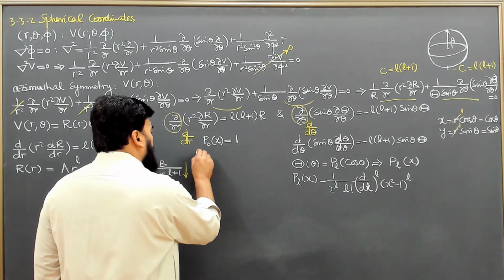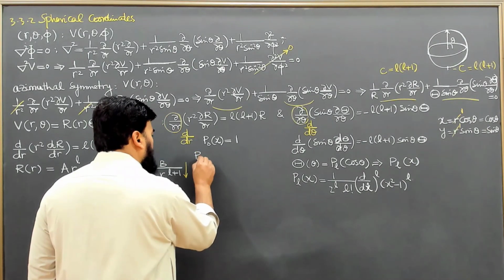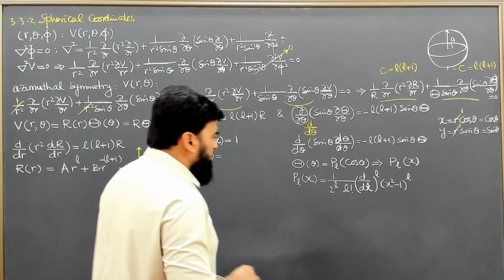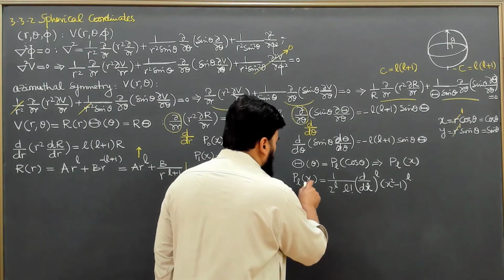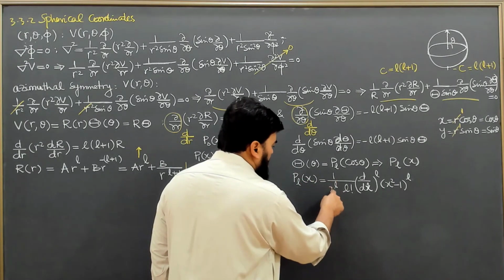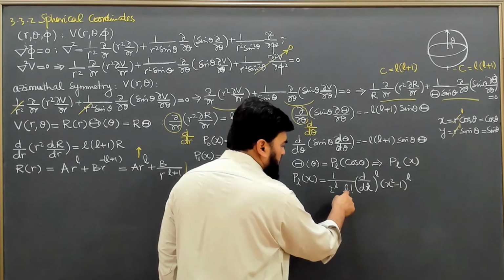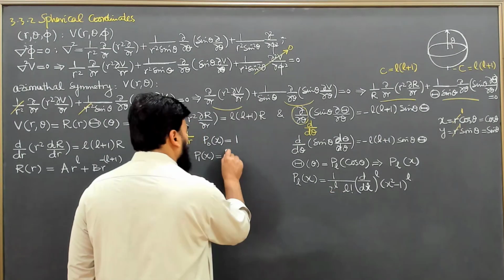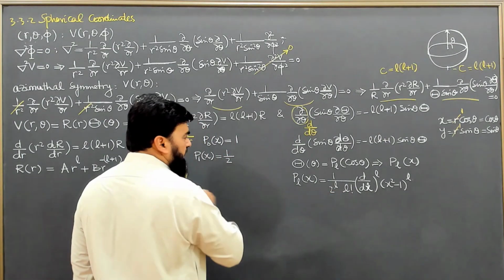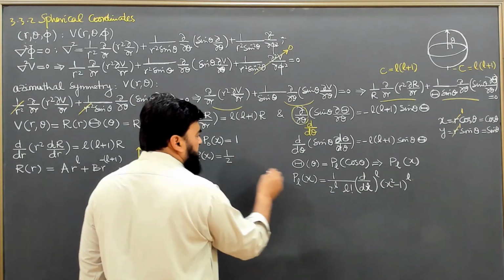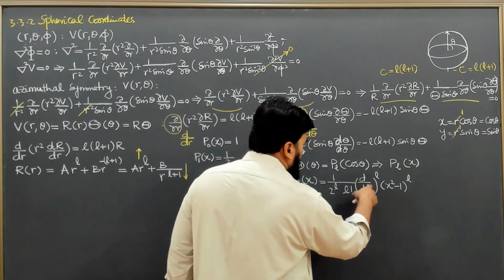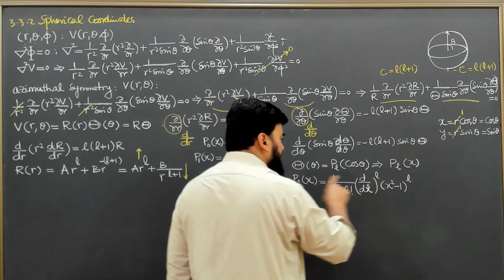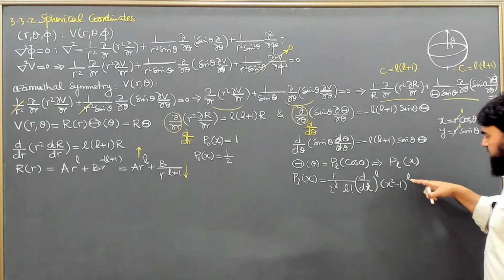And when I write P1 of x, this will be 1 over 2 power 1, and 1 factorial is 1, so I will have 1 over 2. Then I will have d over dx to the power 1, and here it will also be to the power 1.